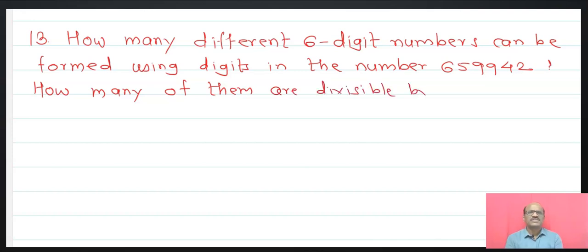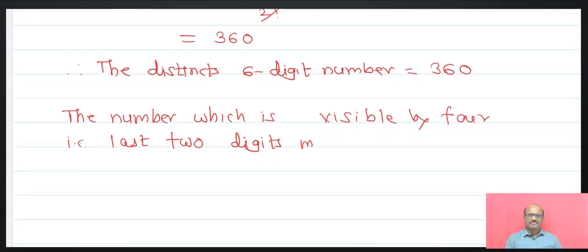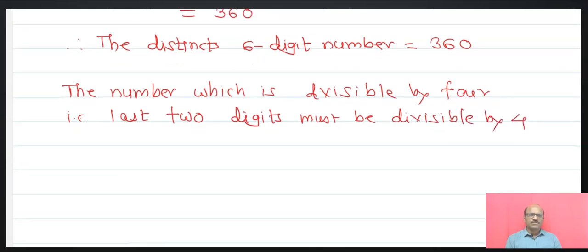The total number of digits is 6 and we want to form a 6-digit number. That is, 2 repetitions are there. The last 2 digits must be divisible by 4.